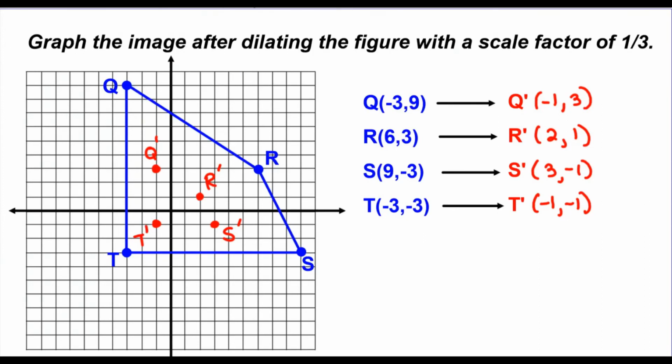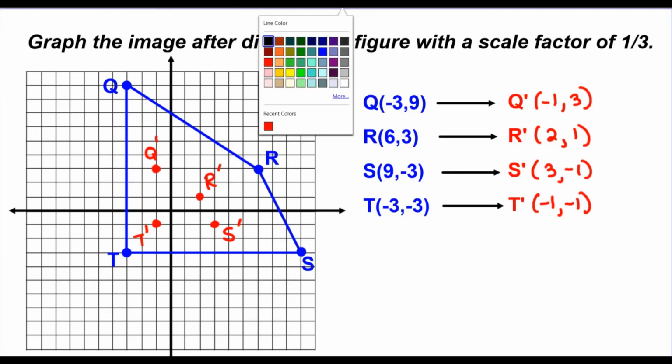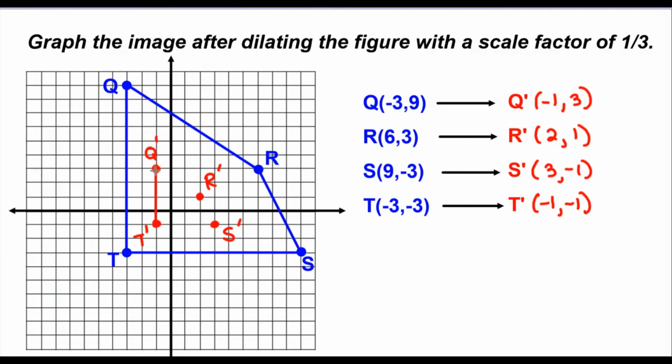And again, if I connect my points here, I'm going to have a quadrilateral that is identical to the original, only smaller, a smaller version of it by a scale of 1/3. So this new shape is now 1/3 the size of our original QRST quadrilateral. And that is using dilations. You're either enlarging or shrinking a shape using a scale factor.